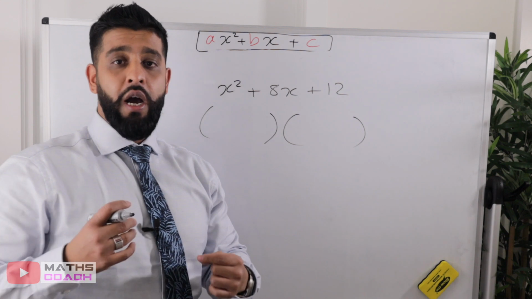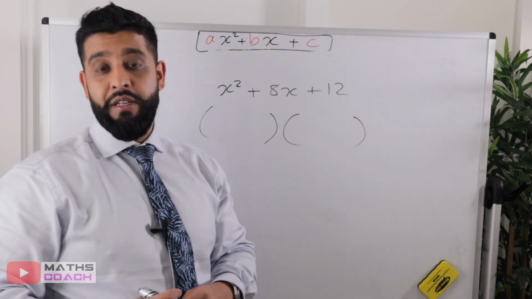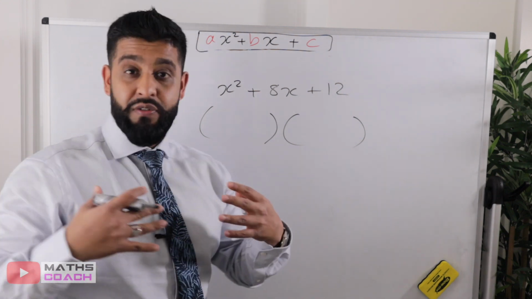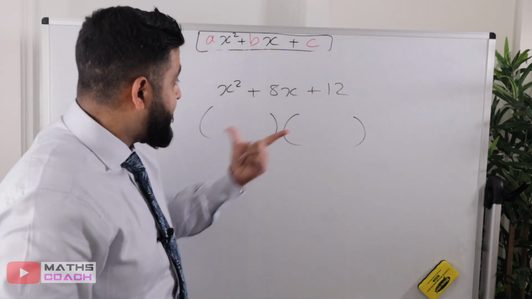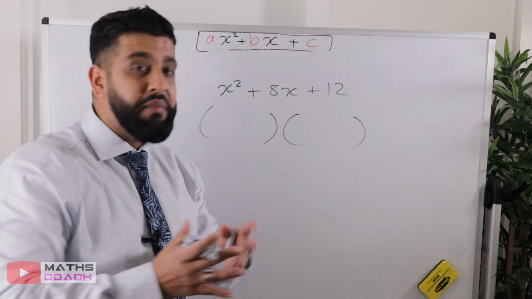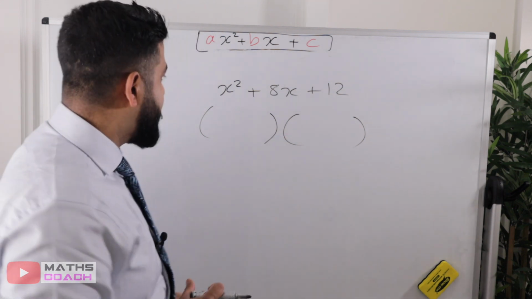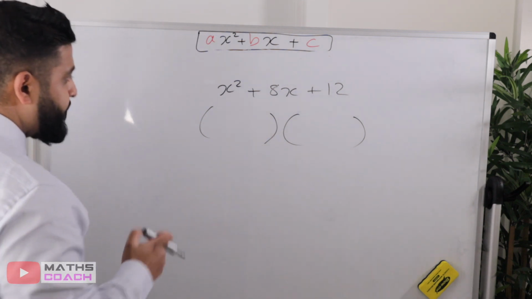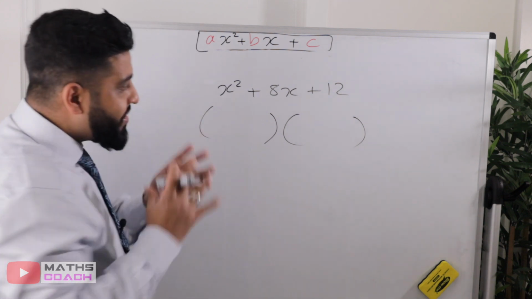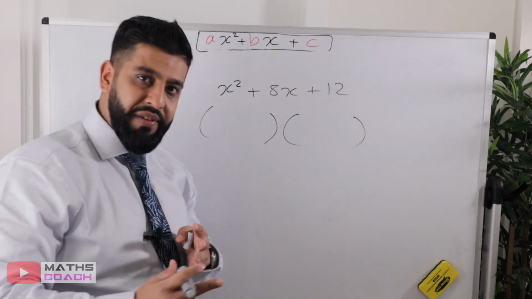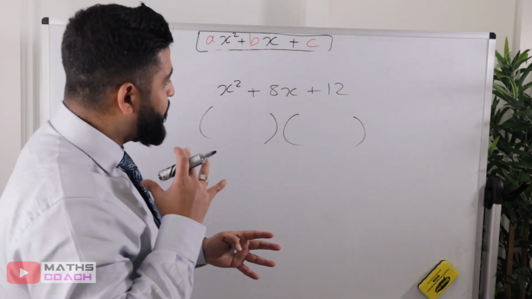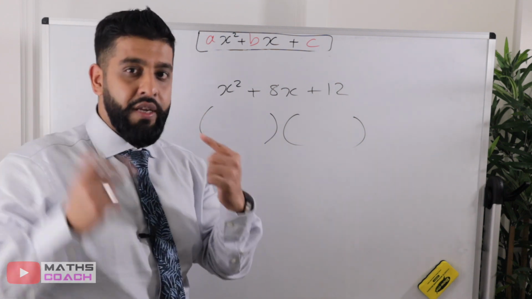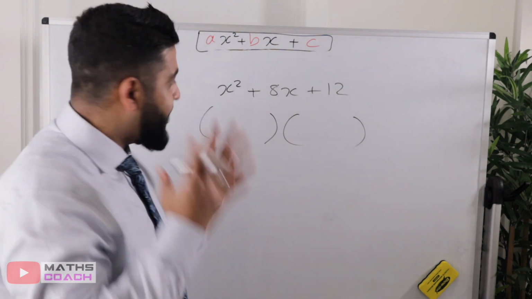Maybe some of you are getting the hang of it and you want to save yourself some time in that exam, and this AC method takes a few more minutes to get done, so you might want to use this method. Now remember, the reason I don't advocate this method is you do a lot of it in your head, so a lot of working out is done in your head.